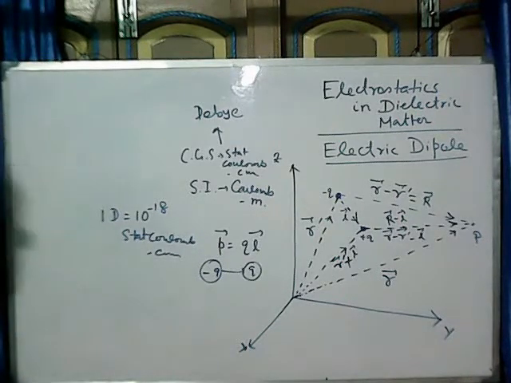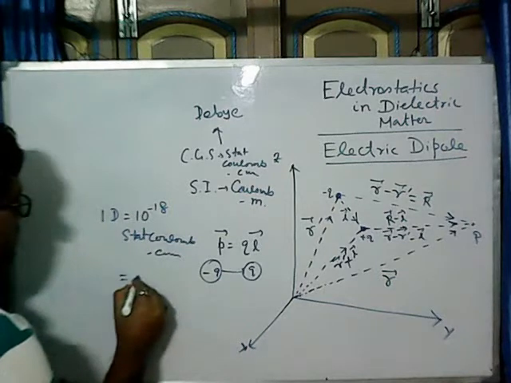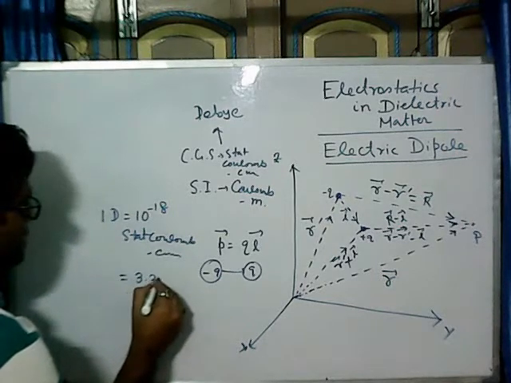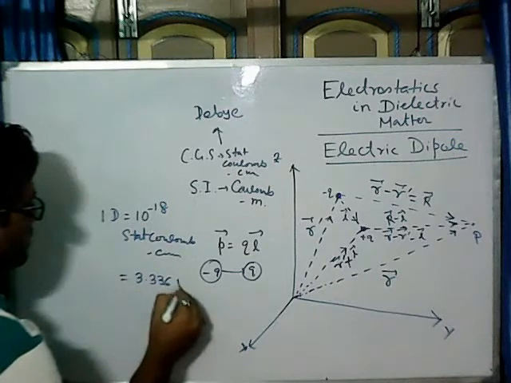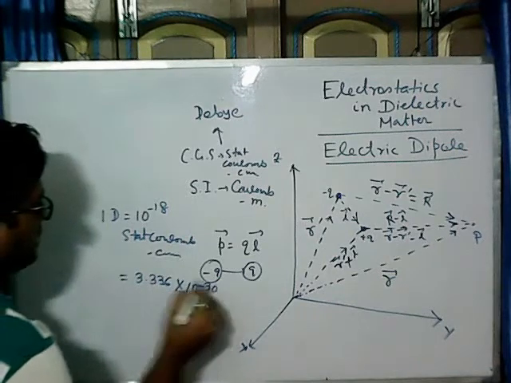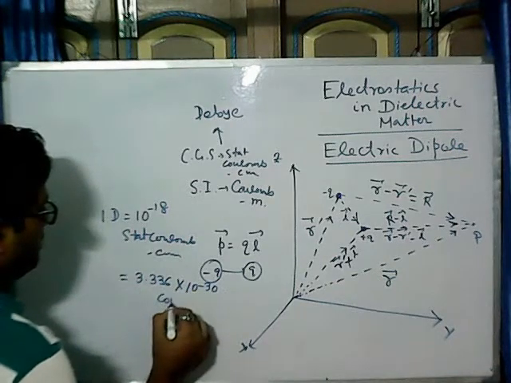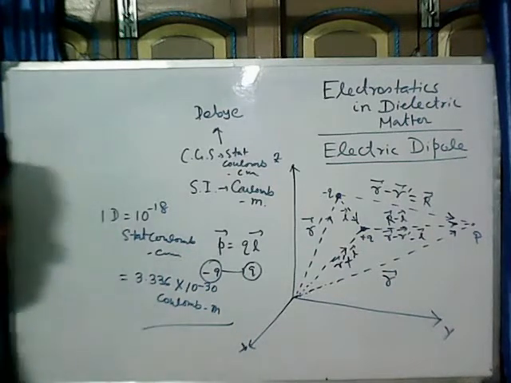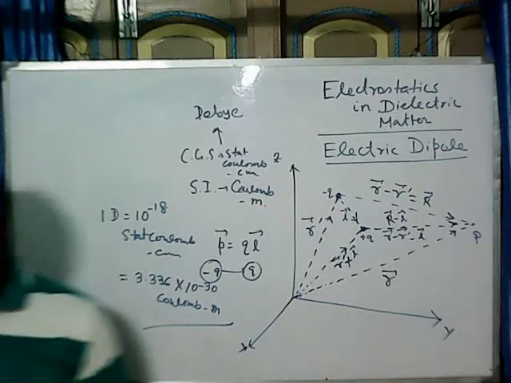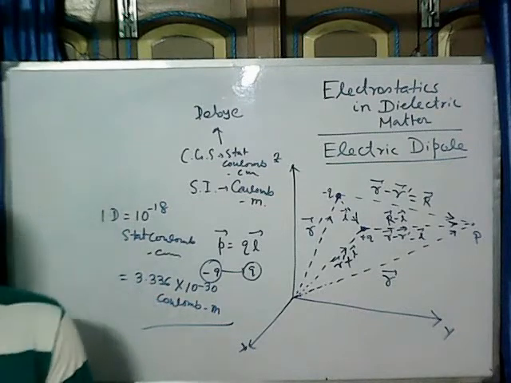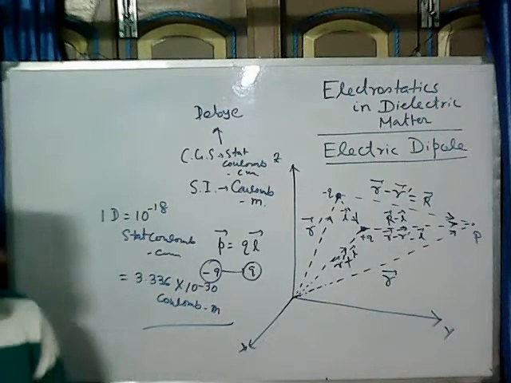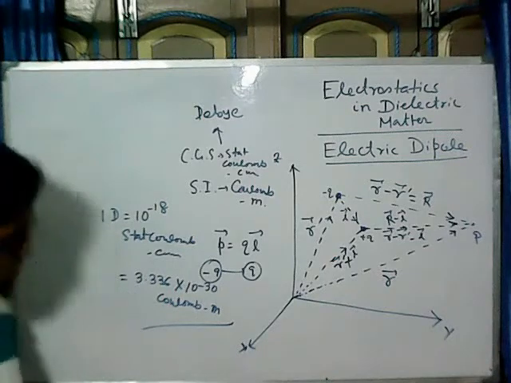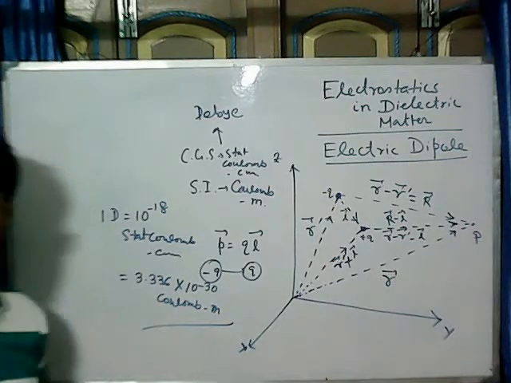Or in SI unit, this is 3.336 into 10 to the power minus 30 coulomb meter. So this is the unit of electric dipole.